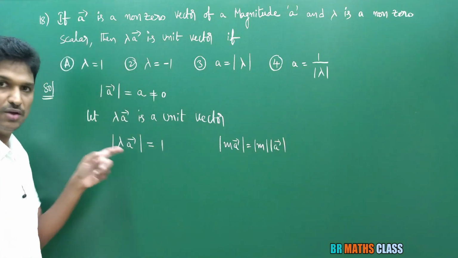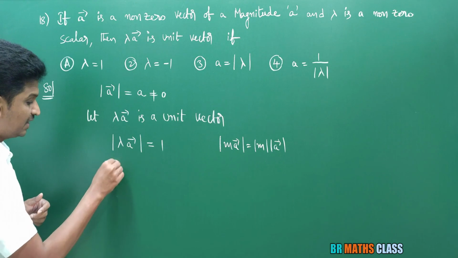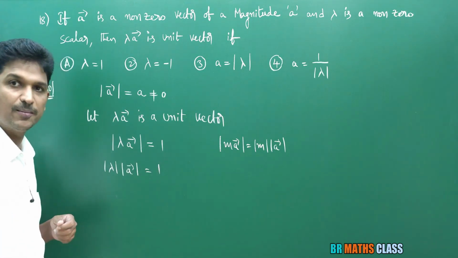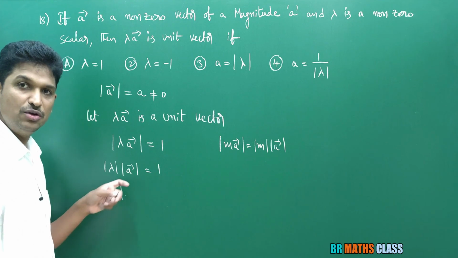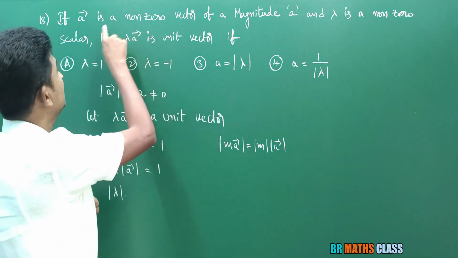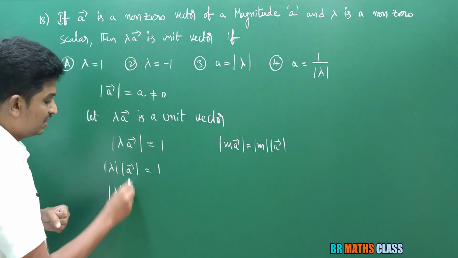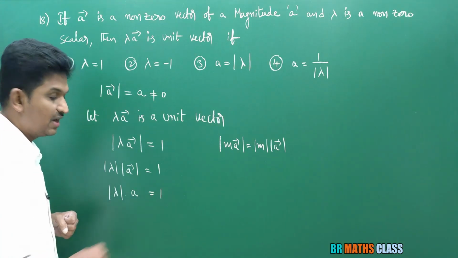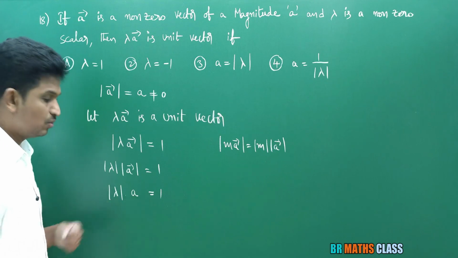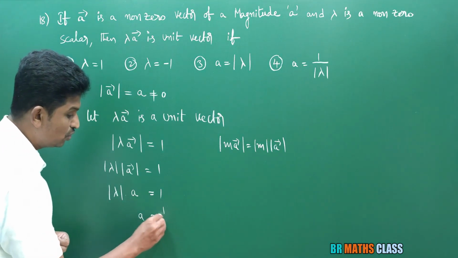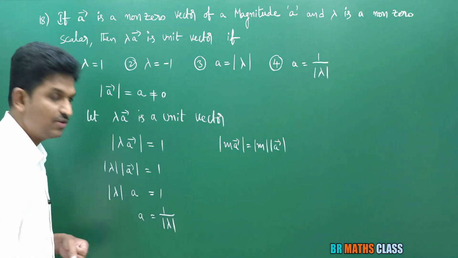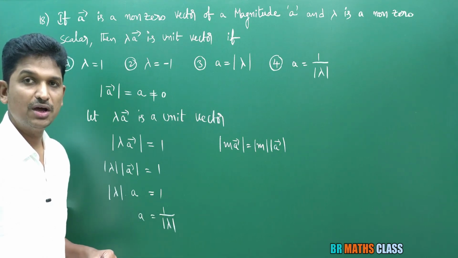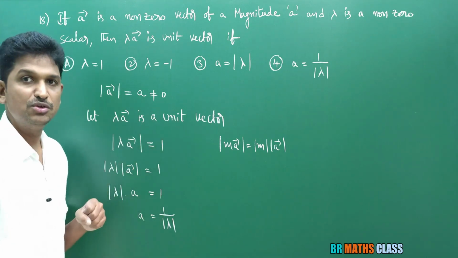So here magnitude of lambda A bar is magnitude of lambda into magnitude of A bar, equal to 1. They have given that magnitude of A bar is A. So in place of magnitude of A bar I can write A, so modulus of lambda into A equals 1. From this, A equals 1 divided by modulus of lambda. So whenever A is 1 divided by magnitude of lambda, at that time lambda A bar is a unit vector.